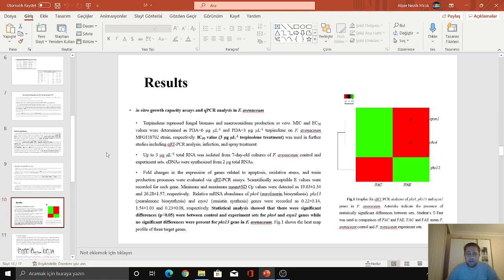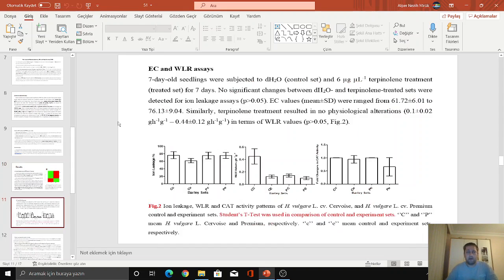However, niacin synthesis and auroxorin synthesis related gene expression were significantly altered. In barley tests, electroconductivity and water loss rate assays, here we see EC values and also water loss rate values were not significantly different from control sets in experiment sets.